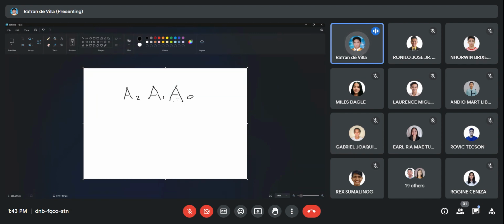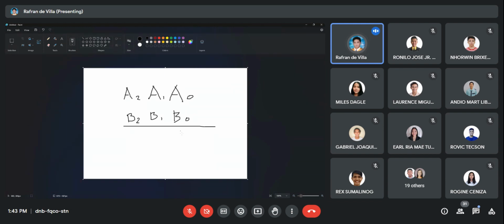So the most significant bit here will be A2. And we will add B2, B1, and B0. So imagine you're adding 3-bit numbers.